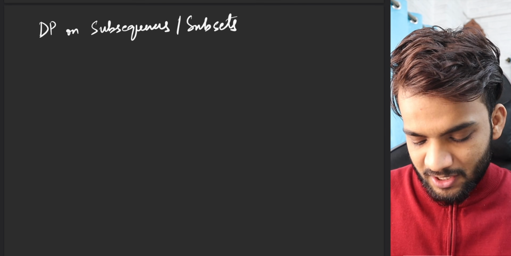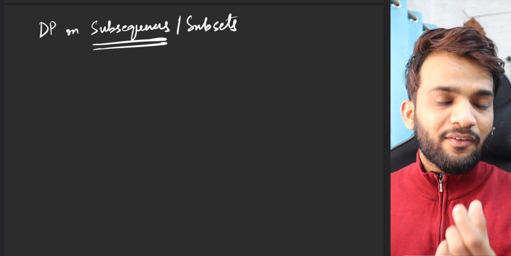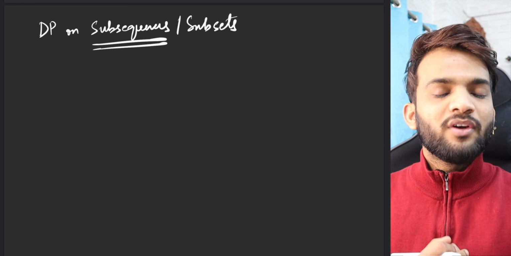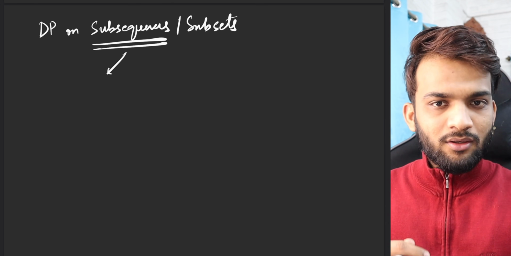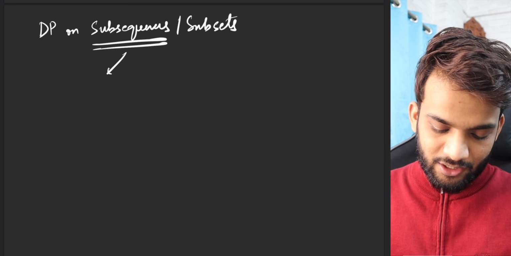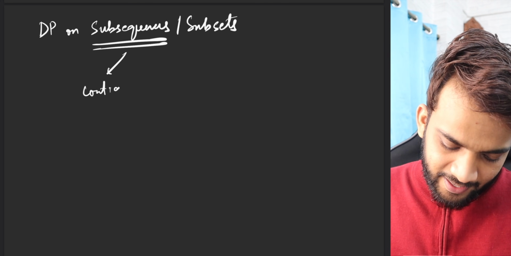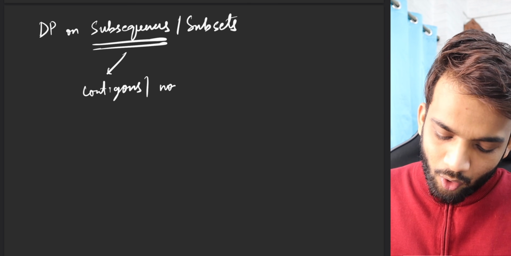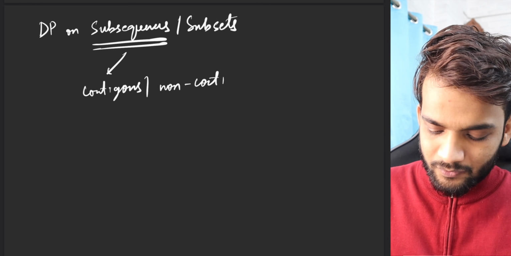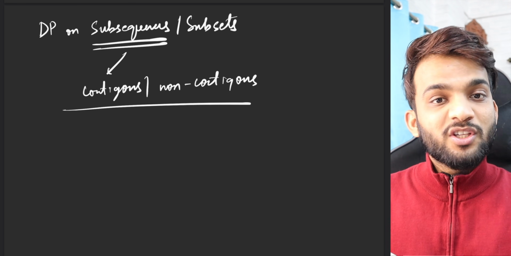So what is a subsequence? Let's first understand the definition of that and then we can move across. Any contiguous or non-contiguous, that's very important, any contiguous or non-contiguous part of the array is known as a subsequence.